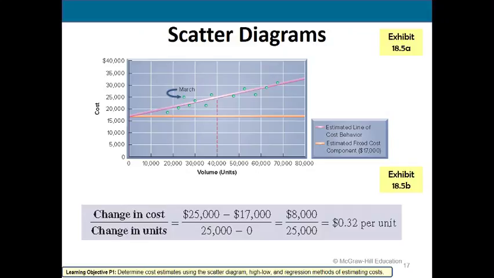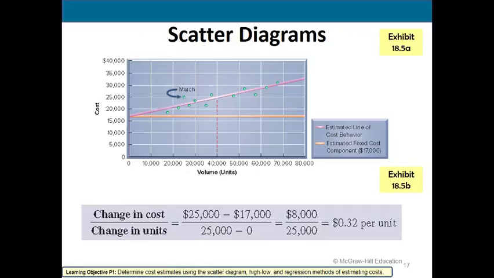At 25,000 units of output, total cost would equal 25,000. So in step 3, you compute the slope of the line, which is the change in cost divided by the change in units. This is the estimated variable cost per unit.